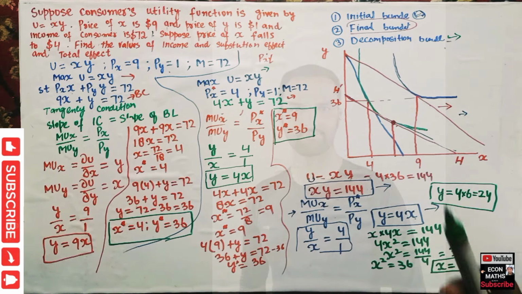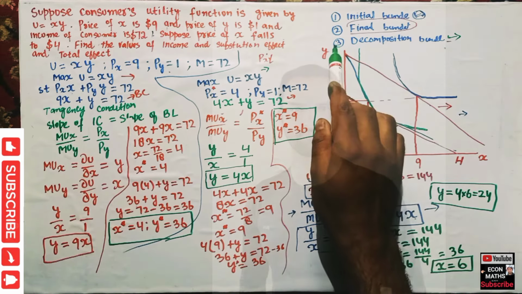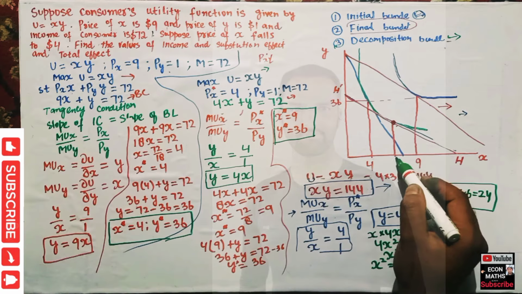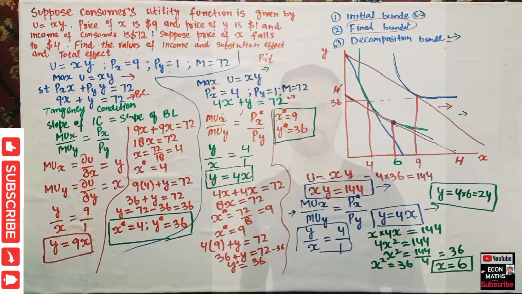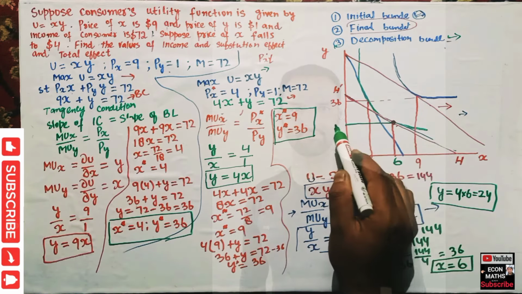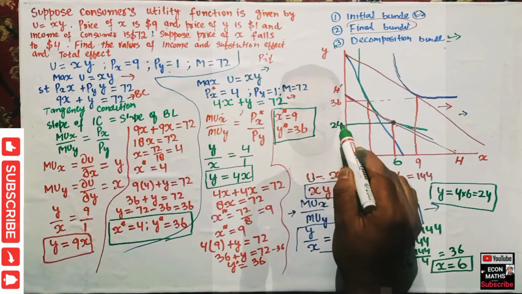So what we did here, we found out the third step, that is the decomposition bundle, and we find the consumer will have 6 units of good x and 24 units of good y.